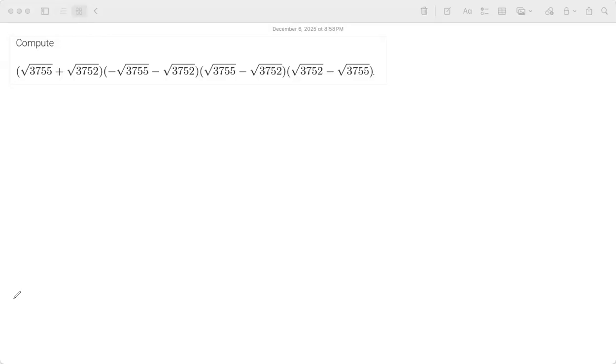Okay, let's see this one. How about this? Will you be able to expand this? X minus 1, x square plus x plus 1.